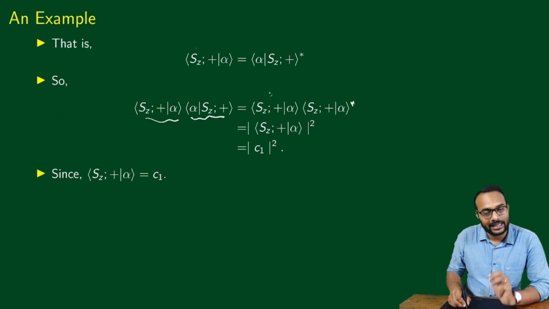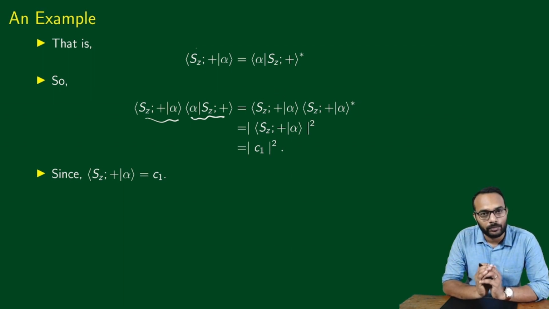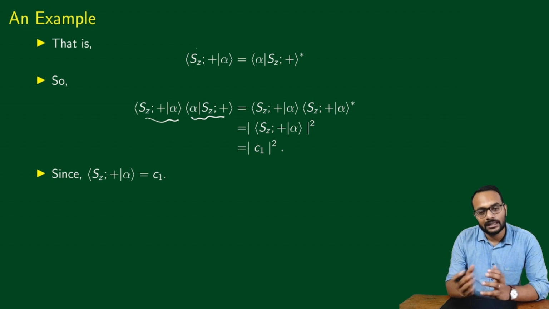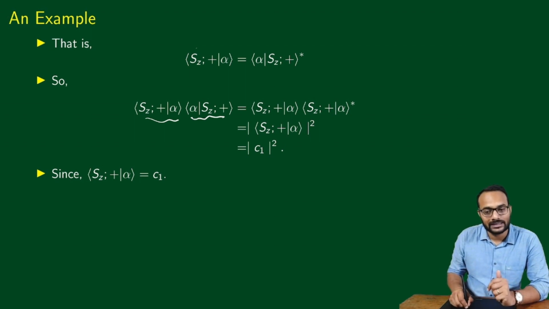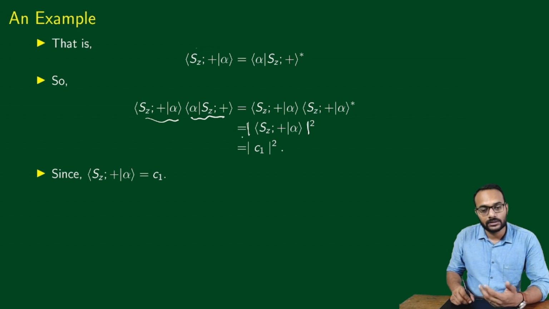Remember that a bracket is a number, a complex number in general. It could be a real number, but you could think of a real number as a special case of a complex number with imaginary part 0. So I'll simply say complex number. What we have here is the modulus of whatever this complex number is, and this complex number we had already defined as C1, so this is simply modulus of C1 square.